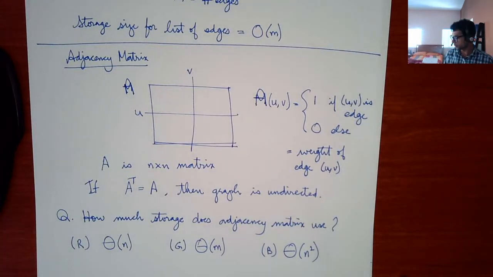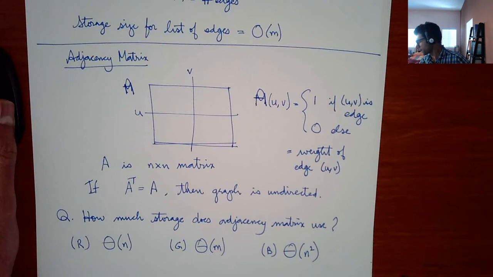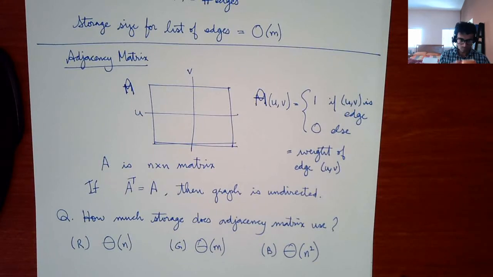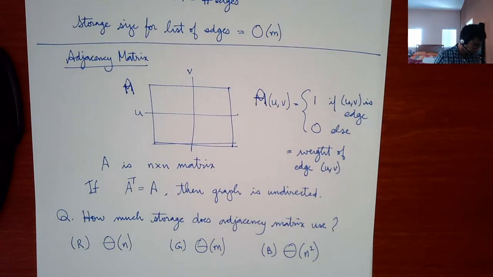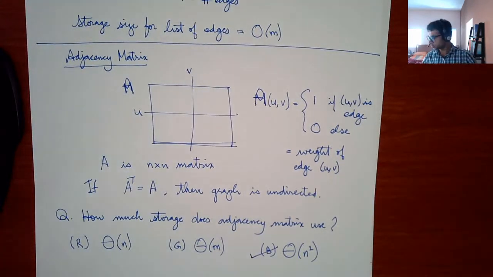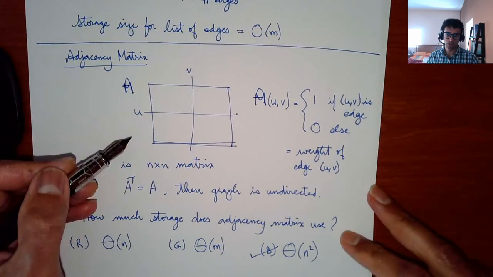So I'm polling you. So there is some confusion, but it's theta of n squared, and that's because you have to store the entire matrix.